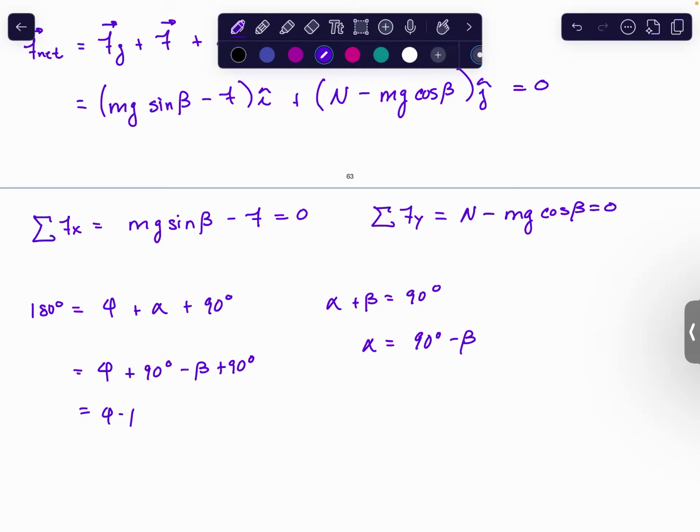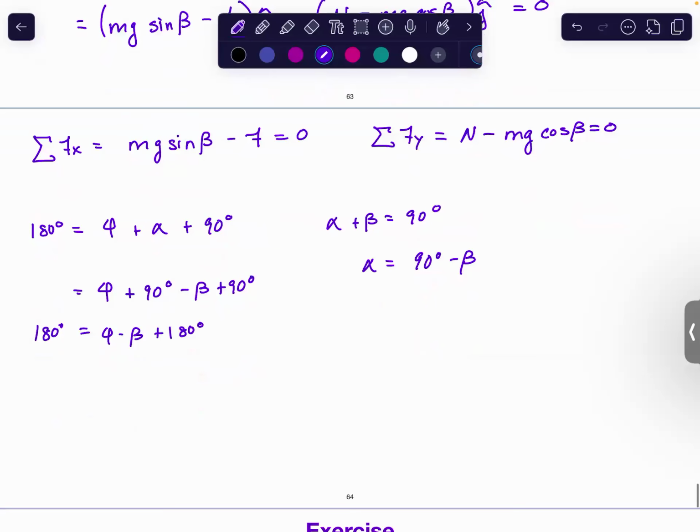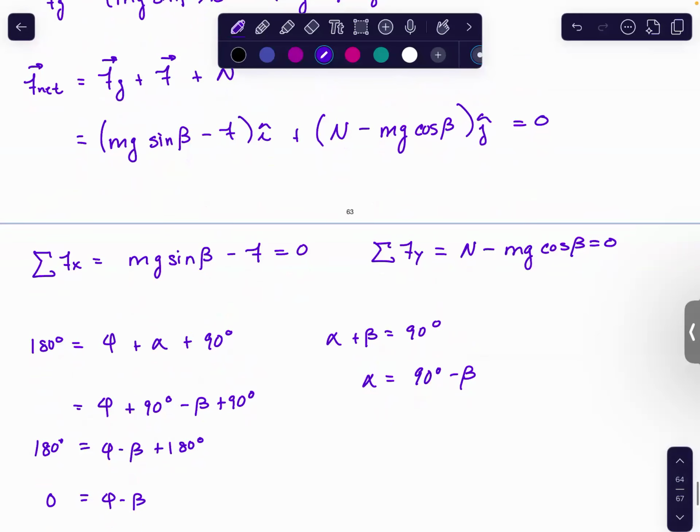So phi minus beta plus 180 equals 180. So we have 0 equals phi minus beta, or beta equals phi. So with our component equations, in our x and y directions, we can just plug in phi. And again, we can calculate anything we need from there.